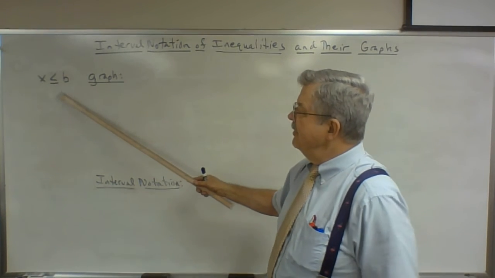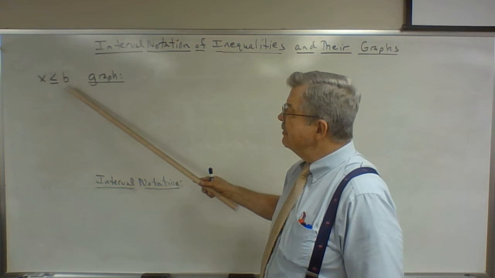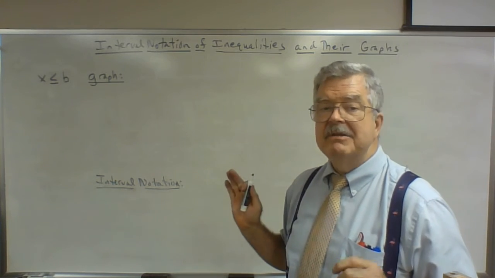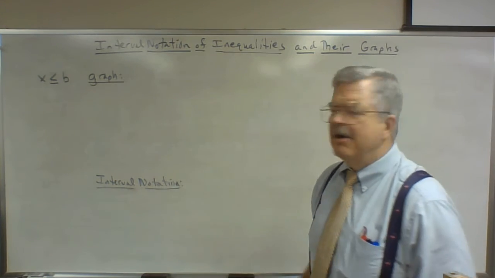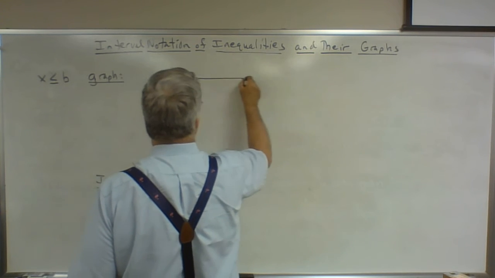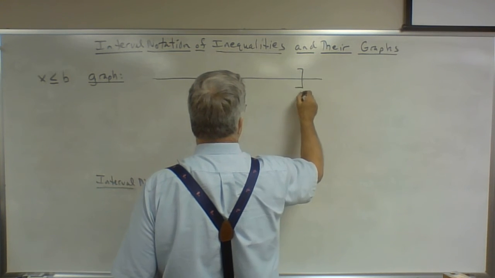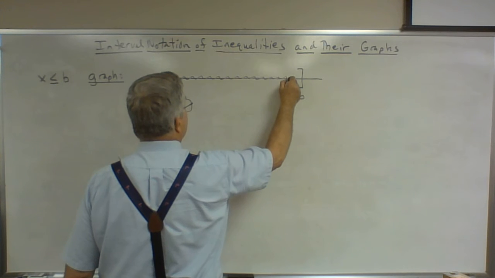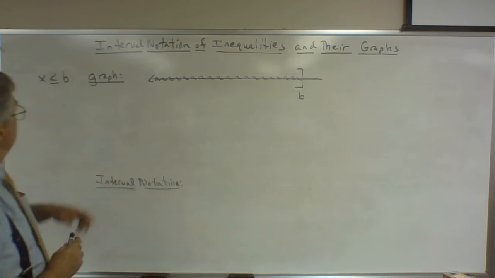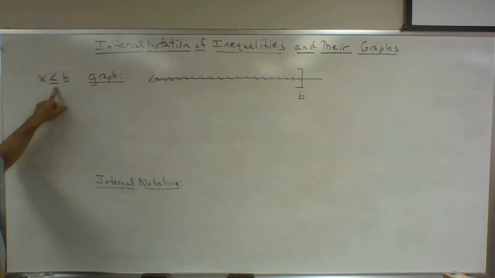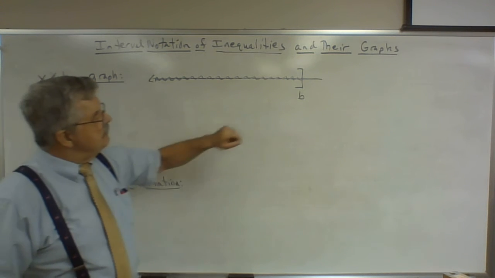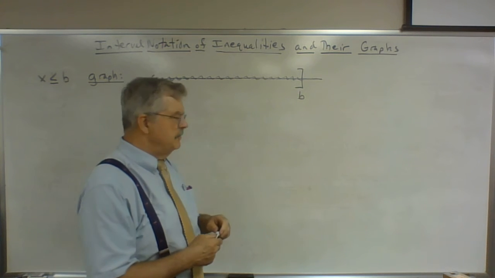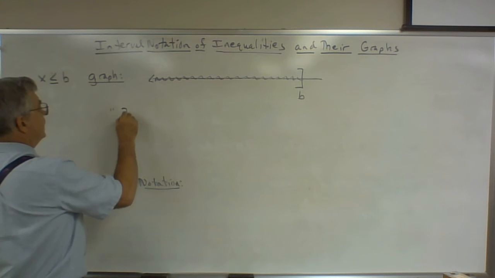Okay, feast your eyes on this. X is less than or equal to b. So all real numbers less than b are part of this solution. And this inequality says that x can equal b, so we put a square brace above b, meaning that b is part of the solution set.